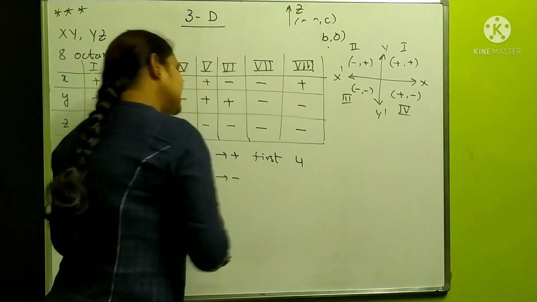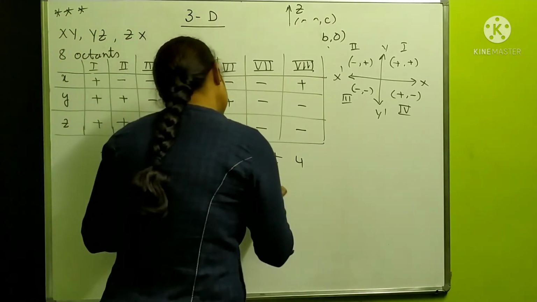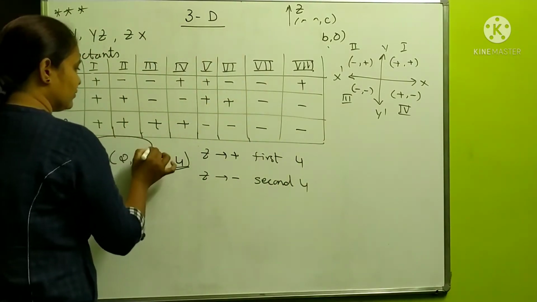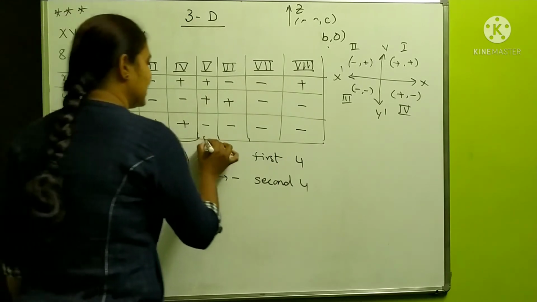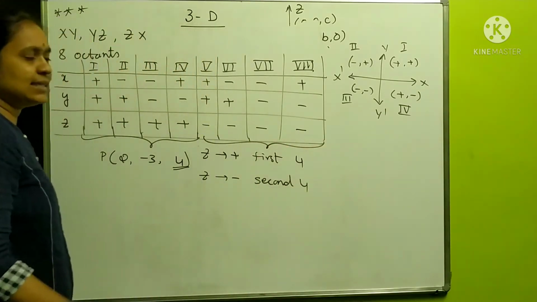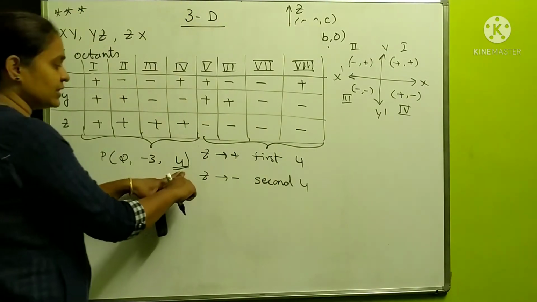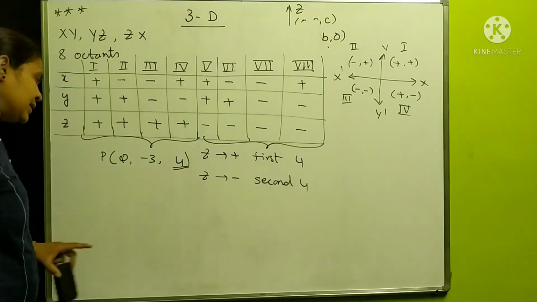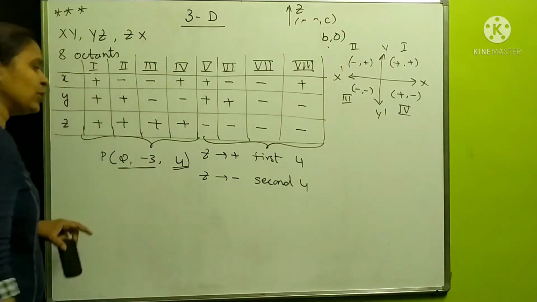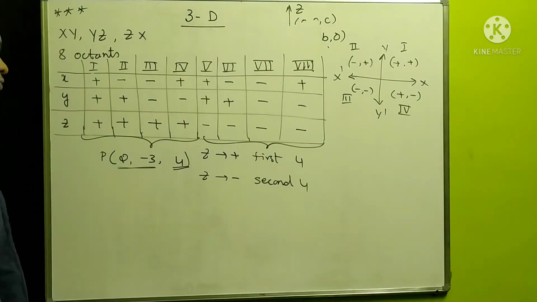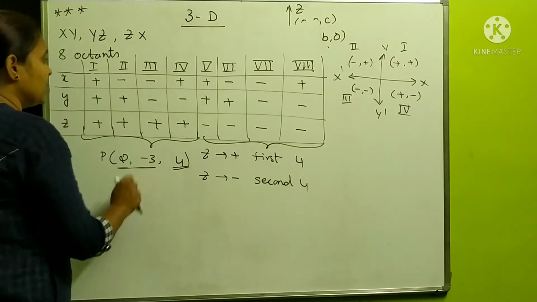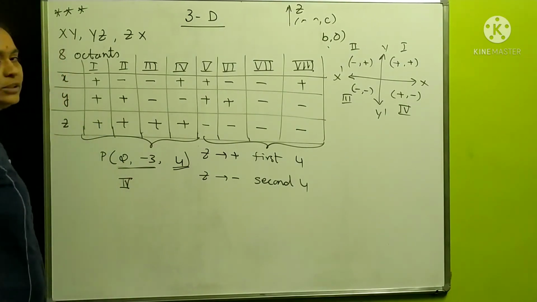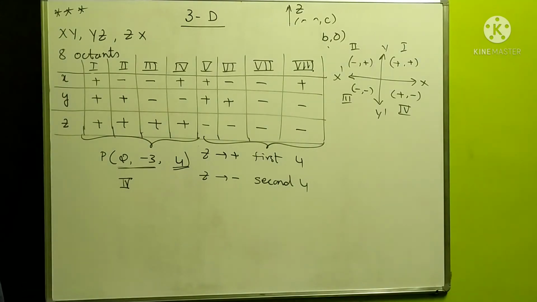If the Z coordinate sign is negative, then it lies in the second 4 octants. Since it is positive, it lies in the first 4 octants. Now you have to decide which quadrant. Positive, negative: the x coordinate is positive and the y coordinate is negative, so it is the 4th quadrant. Hence it is the 4th octant.